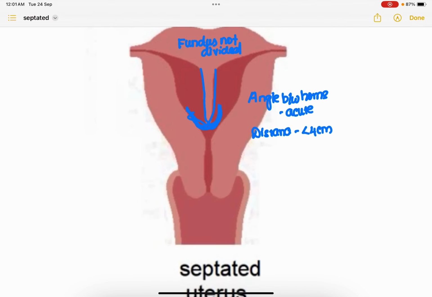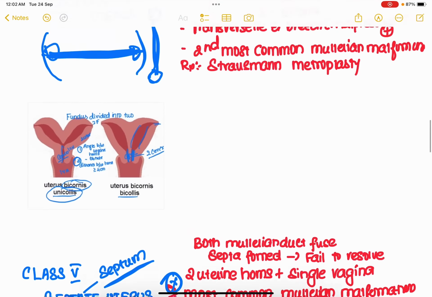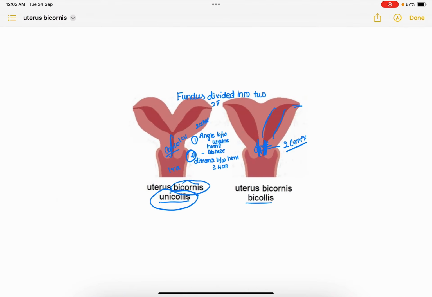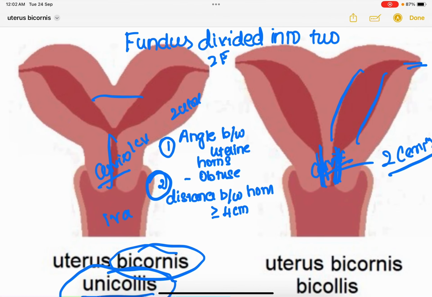Is that clear? In septate uterus the problem is only with the septum. But in bicornuate uterus, the fundus is divided into two because of failure of fusion. Since the fundus itself is divided, the distance between the two uterine horns is 4 cm or more, and the angle is obtuse.